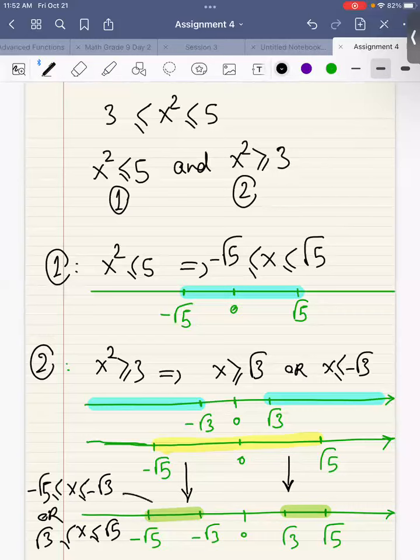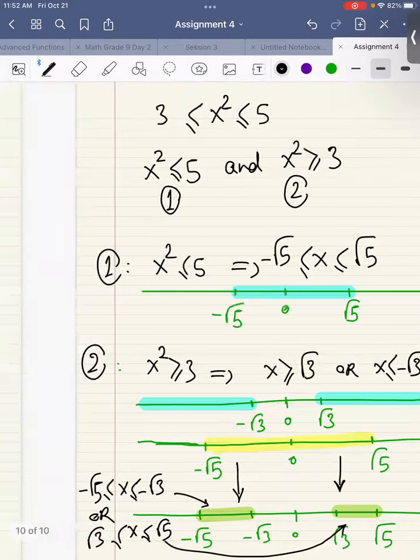So that is this part. This is this part. Make sense? Yeah.